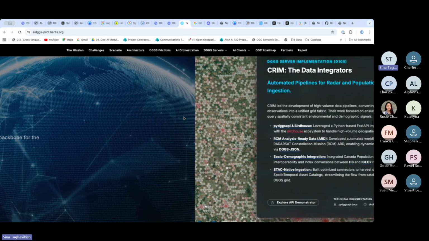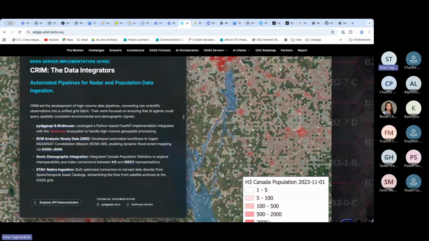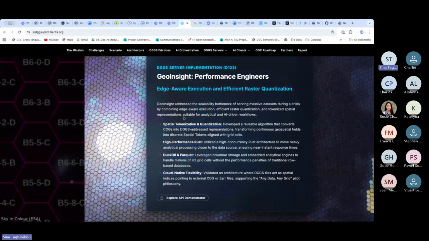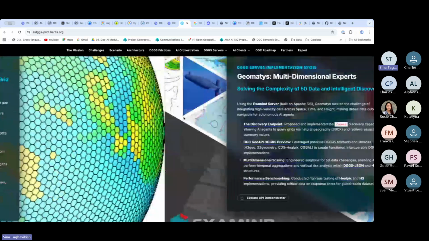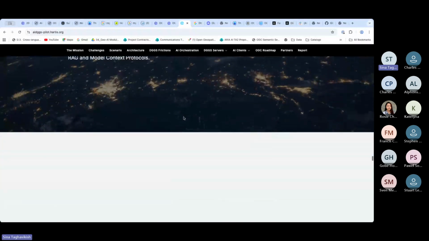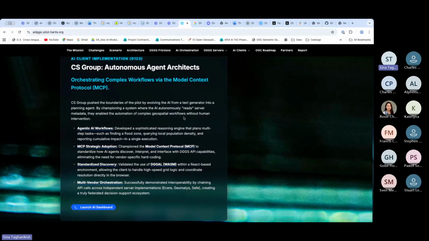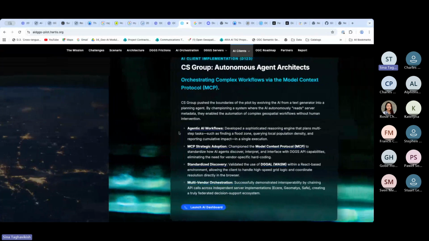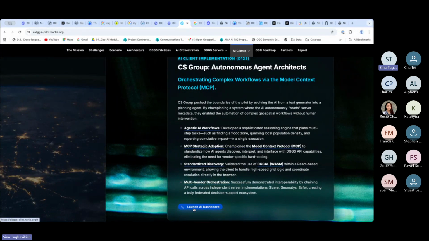These are the servers providing the data, each with different pictures. And then you get to the clients. Each one of these has implemented an AI dashboard that you can launch, and each one had a different focus.